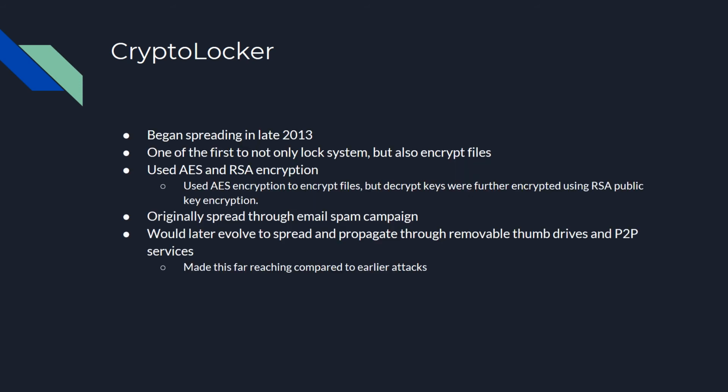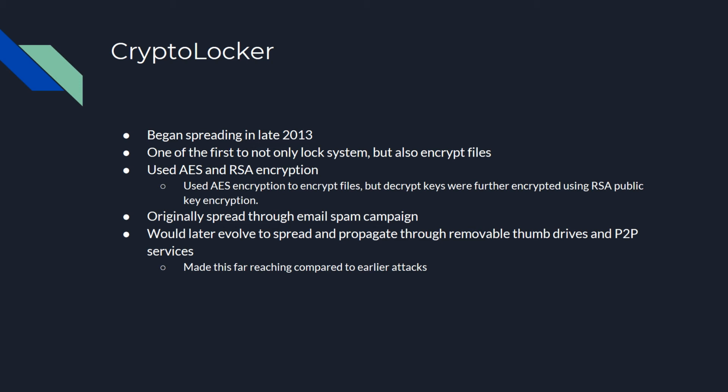CryptoLocker began spreading in late 2013. As I said, it's one of the first ones that not only locked out the system, but also did encrypt files. On that screen, it said that it used RSA encryption, but we've actually found that it uses both AES and RSA encryption. The way that works is that it uses AES encryption to encrypt the files themselves.